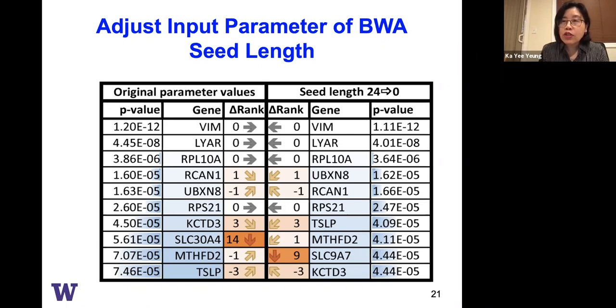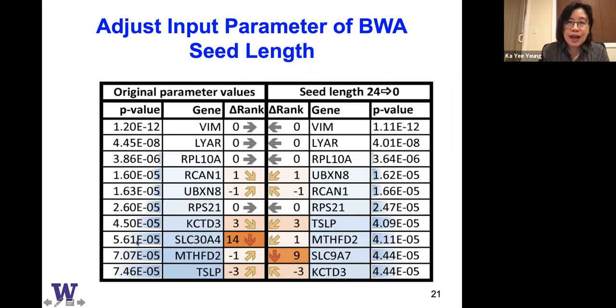In their original paper, Li and Durbin documented that a smaller seed length generally leads to more accurate results, but takes more computational time. So here are the default parameters, seed length of 24, and the top 10 differentially expressed genes. What we are looking at here are the p-values. A smaller p-value is more significant in terms of the differential expression results.